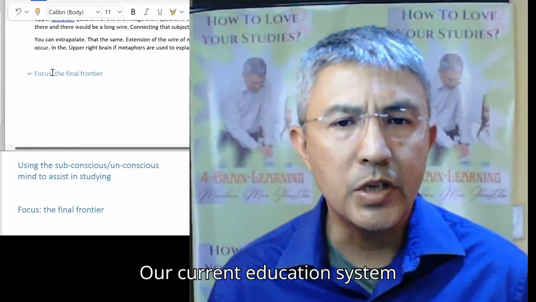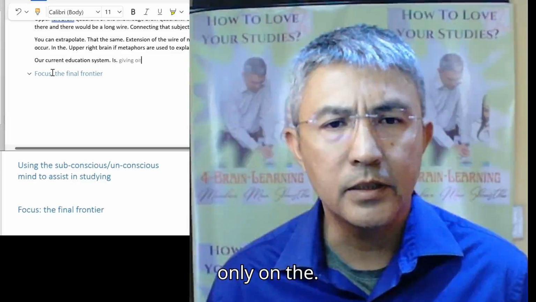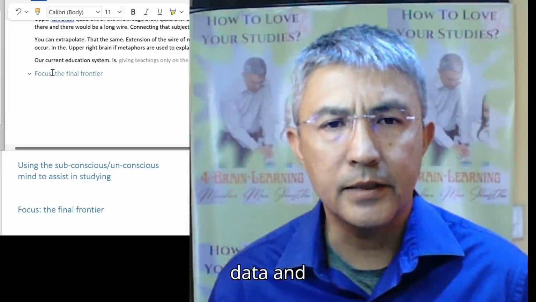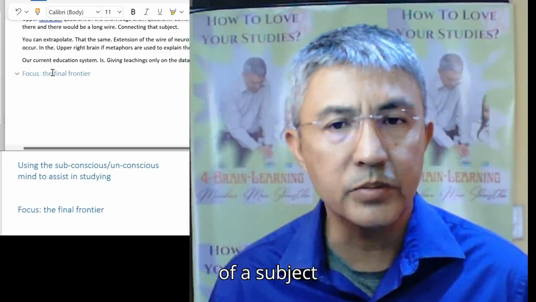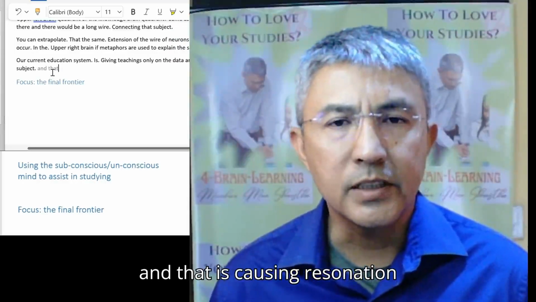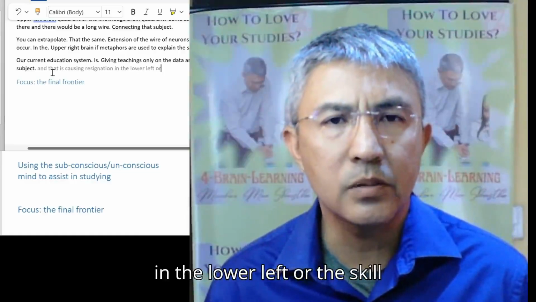Our current education system is giving teachings only on the data and various activities and rules of a subject, and that is causing resonation in the lower left or the skill brain quadrant.